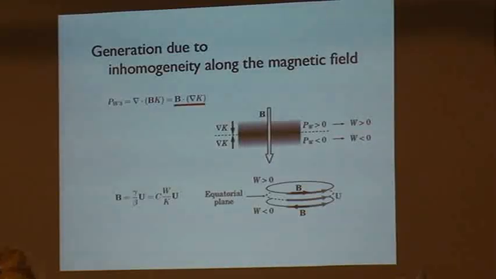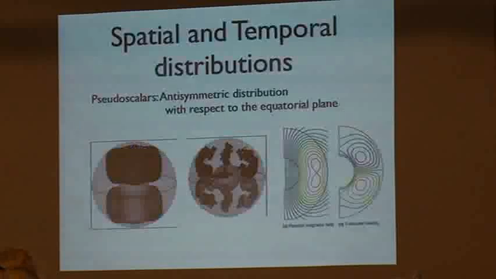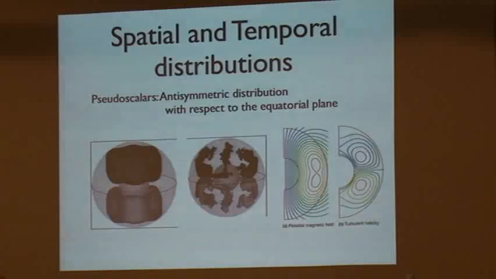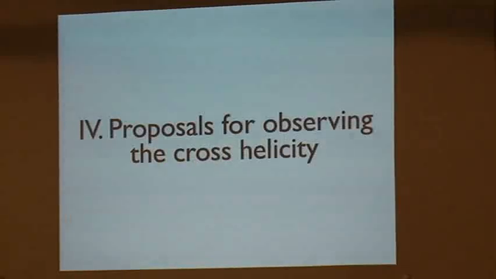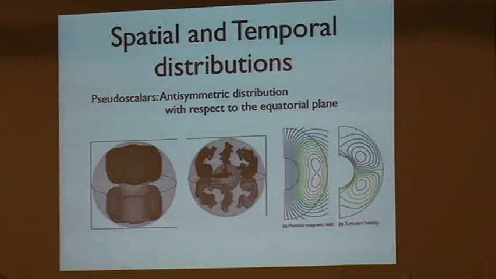So this is the one I already showed. There is no substantial conclusion here. So I am now proposing some observation in solar physics. As you know, pseudoscalar, this is the helicity calculation. Helicity, pseudoscalar, has some spatial distribution.